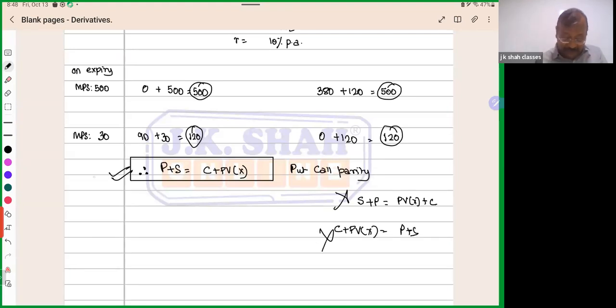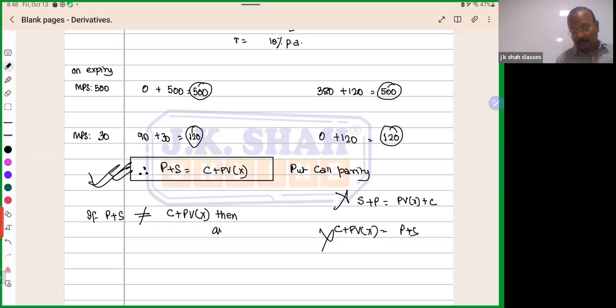No, it has to be this. I'll show you why. Okay, this is what we call the put call parity model. P plus S must be equal to call plus PV of X. And if the pricing doesn't satisfy this model, that is, if P plus S is not equal to call plus PV of X, arbitrage exists.